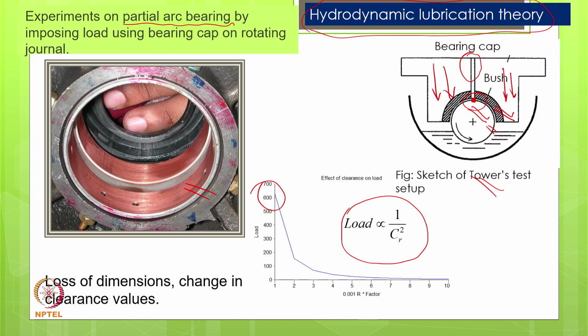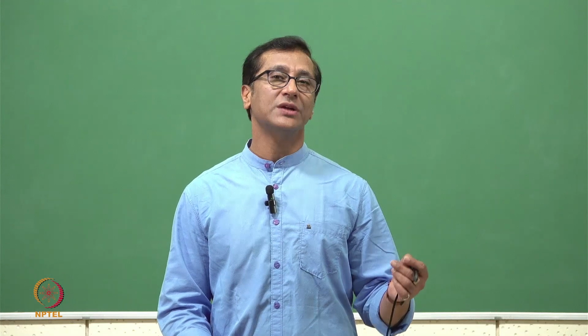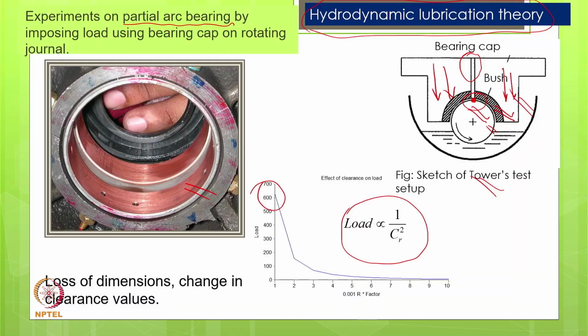Maybe when they started this experiment, they found that even though initially there's no clearance, after that some sort of separation occurs. So the clearance really matters a lot, or in other words, the radial clearance which we provide to the bearing is a very sensitive parameter, and we need to learn this.